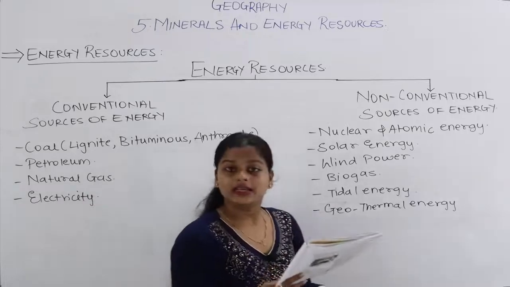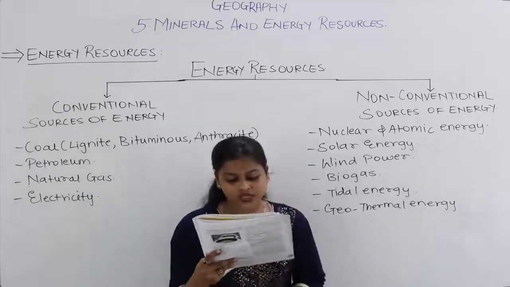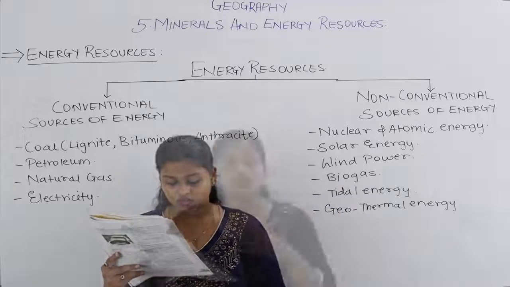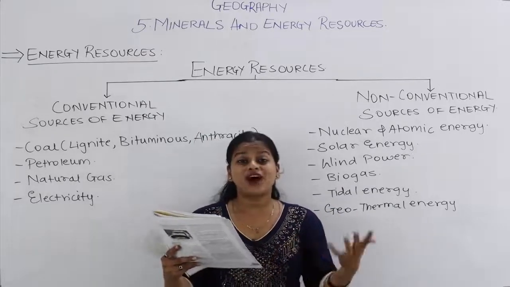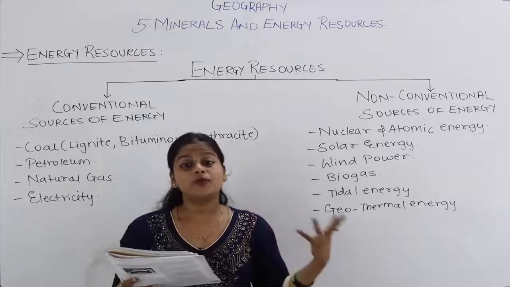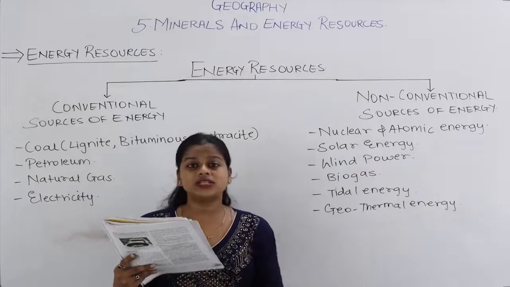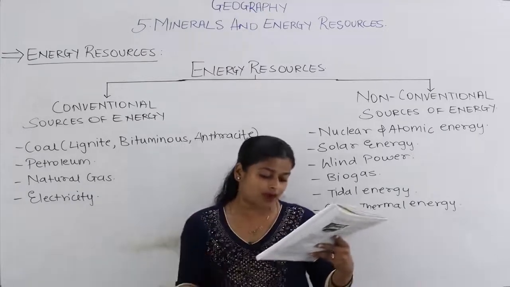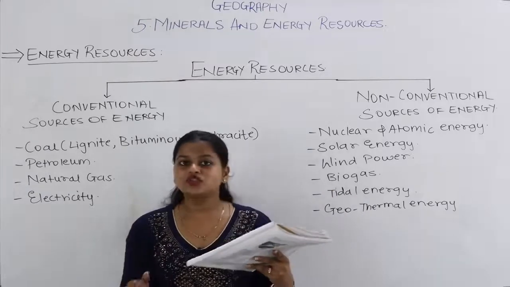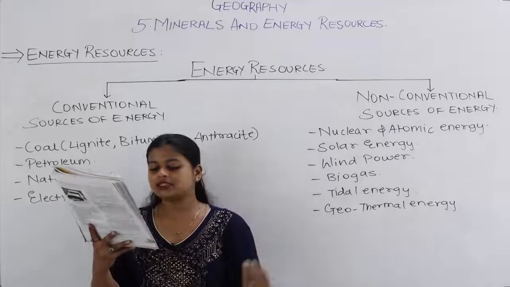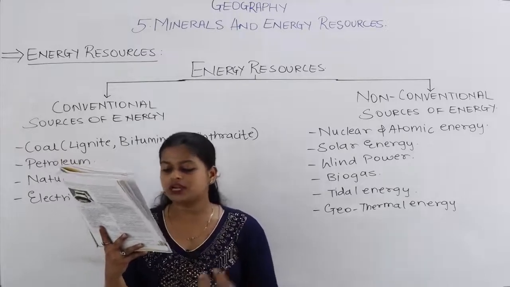Since India is a tropical country, it has enormous possibilities of tapping solar energy. Solar energy is very fast becoming popular in rural as well as remote areas. Some big solar power plants are being established in different parts of India, which will minimize the dependence of rural households on firewood and dung cakes.